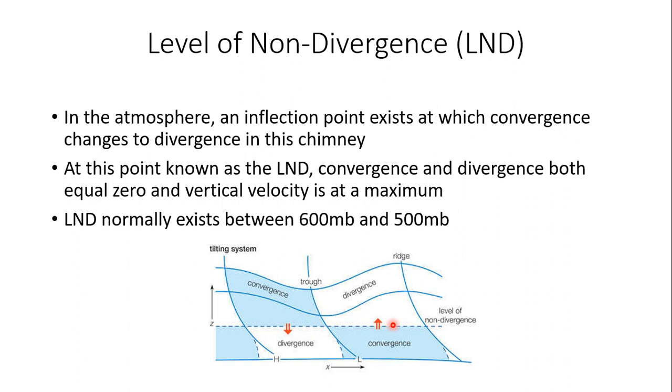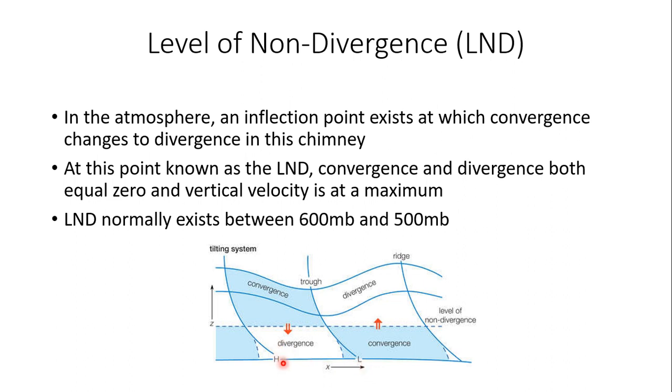And you'll notice when we talk about low pressure and the chimney effect, where we have low level convergence and upward vertical motion, rising air motion, the rising air motion is going to reach its strongest point at this level of non-divergence, this dashed line. And the processes are going to switch from convergence below the LND to divergence above the LND when we're talking about the chimney effect and low pressure at the surface.